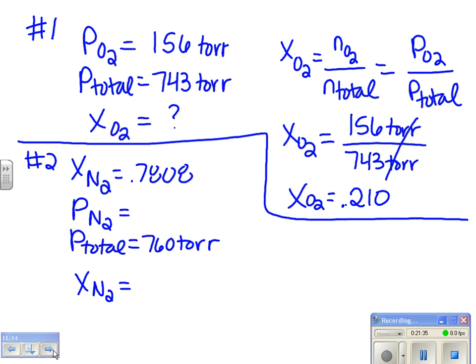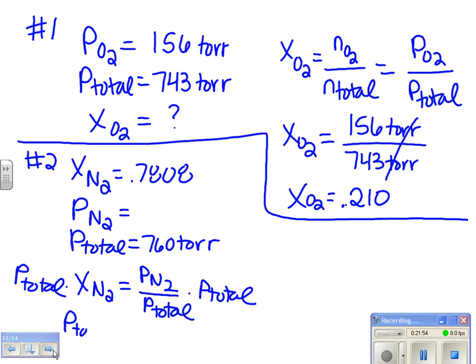So, Ms. Gill is writing the formula, which says that the mole fraction of nitrogen is equal to the partial pressure of nitrogen over the total pressure. I'm going to multiply both sides by total pressure to get the pressure of nitrogen alone.